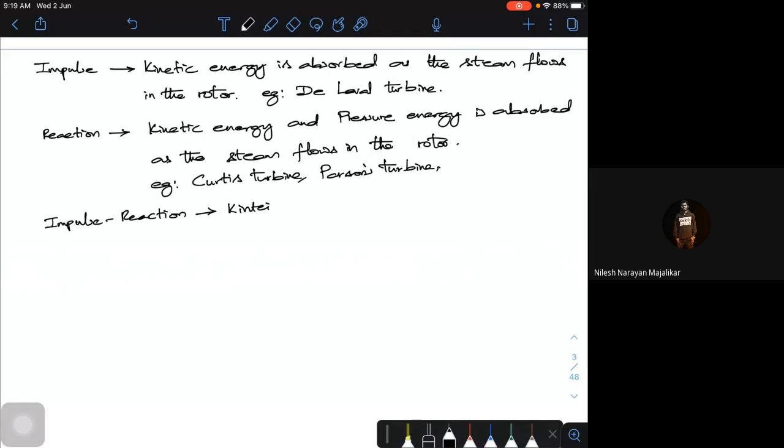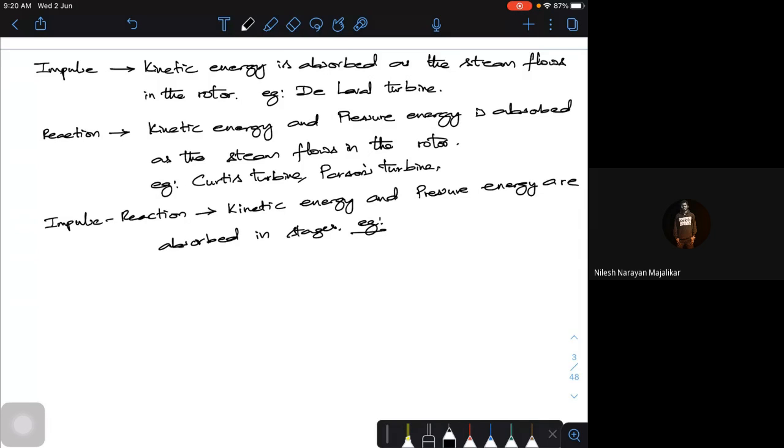If this happens, it is called an impulse reaction turbine, and this is the most commonly used. The best example we have is the Rateau turbine.